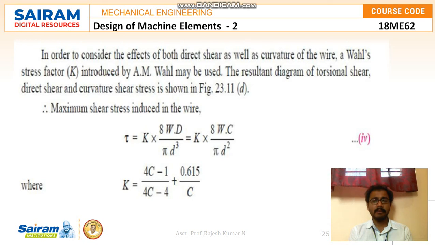The resultant diagram of torsional shear, direct shear and curvature shear stress is already shown in the previous sketch, where the maximum shear stress induced in the wire can be written as tau is equal to K into 8wD divided by pi d cube. After simplifying, I will get 8wC by pi d square, going with the spring index formula, where K I can write as 4c minus 1 divided by 4c minus 4 plus 0.615 divided by c, which is nothing but the Wahl factor.